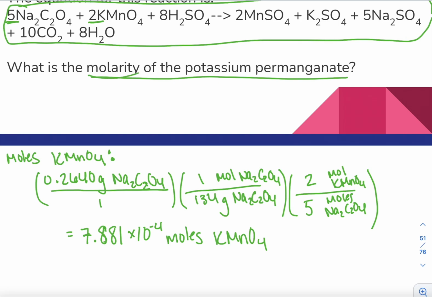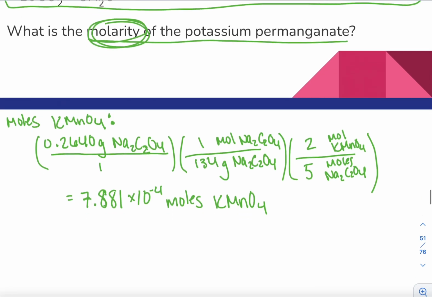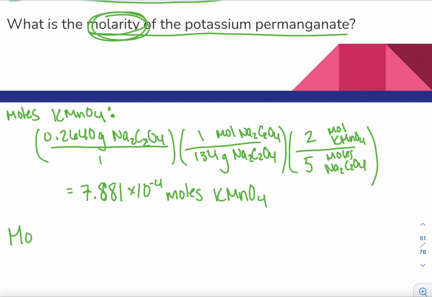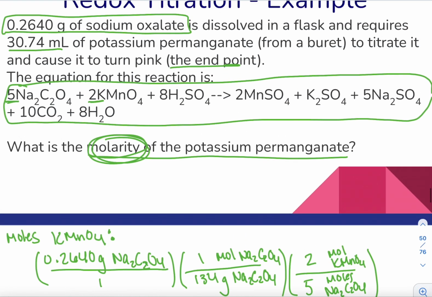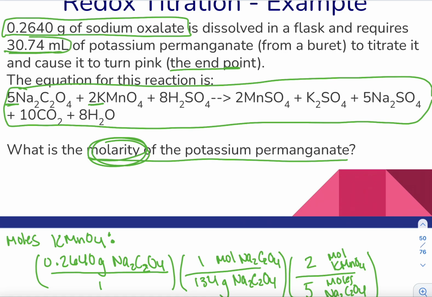Now, what they're asking for here is the molarity of KMnO4. So molarity is just moles over liters. So we have the moles here. The liters are in the problem, okay? It says it took 30.74 milliliters.